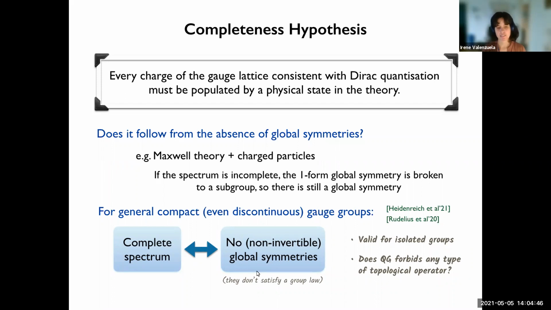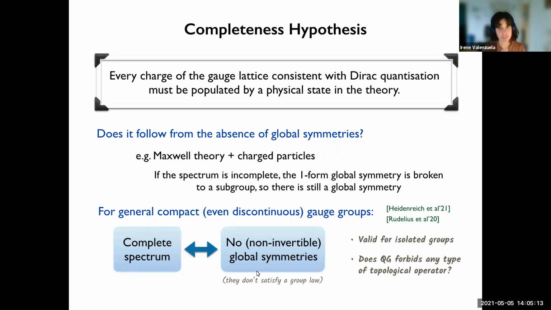In the sense that if the spectrum is incomplete, maybe you don't have a global symmetry in the usual sense, but you still have some topological operator, which doesn't satisfy a group law, but has a more complicated fusion law, and in particular, the operator doesn't need to have an inverse. That's why they are called non-invertible global symmetries.